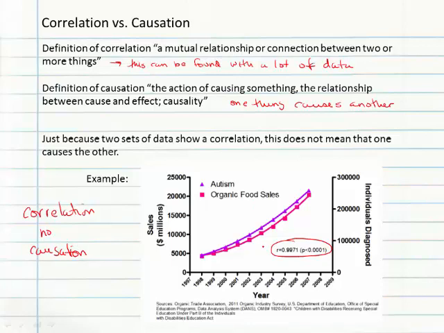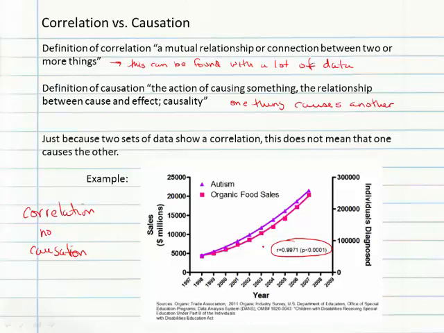There are usually other factors at play. So for example, we're comparing the years 1998 to 2008. The organic food movement wasn't in full swing yet. That's a more recent thing. Also, autism was not as readily diagnosed until recent years.